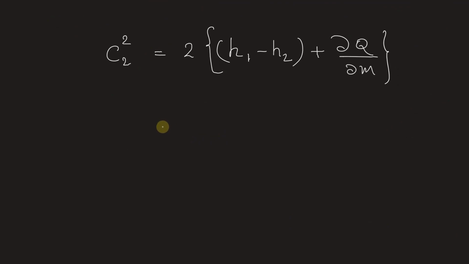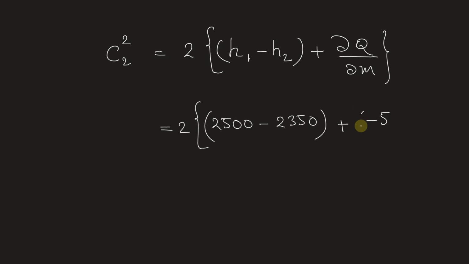So this is equal to 2 times of (H1, that is 2500 kilojoule per kilogram, minus 2350 kilojoule per kilogram) plus, now the value of heat transfer given in the problem is minus 5 kilowatt divided by the mass flow rate given in the problem, 0.1.